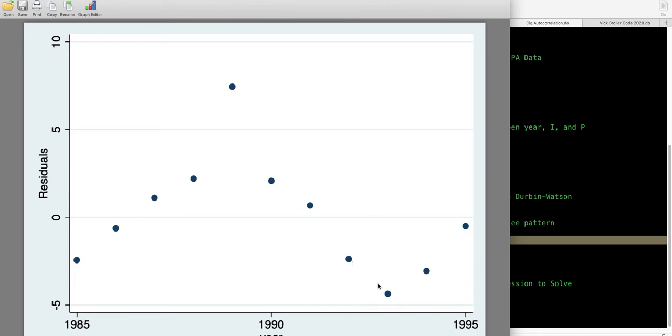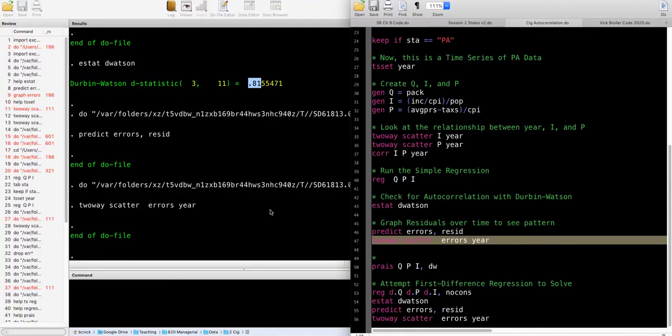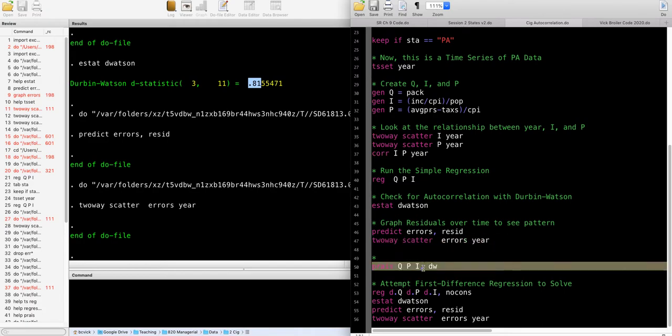So these error terms are related in this nice kind of wave-like pattern. So between the Durbin-Watson statistic and this pattern of the errors over time, we have a good idea that this is going on. Next, now we have to correct it.